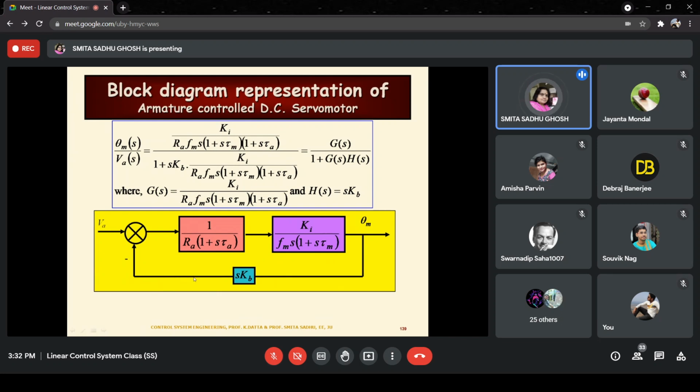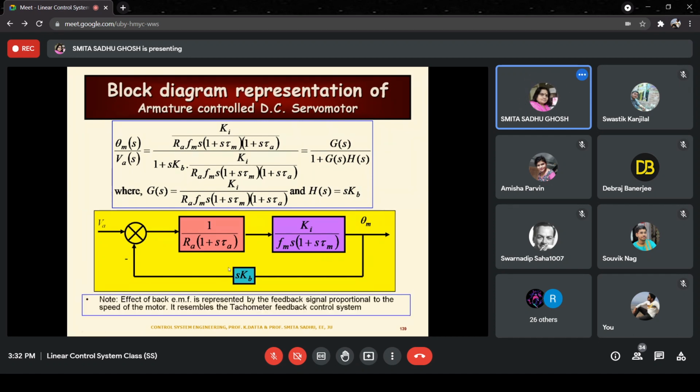But of course, keep in mind that this overall block diagram is the configuration of an armature control DC servo motor. Nobody is going to take a connection from there and connect it. Inherently, that feedback is there within the motor itself. If you recollect, this skb actually came from the back EMF term, right?